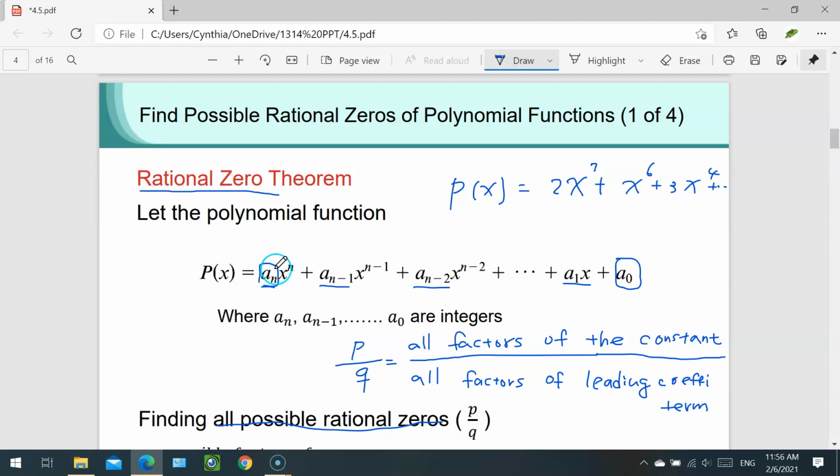The leading coefficient is the number attached to your highest degree power term. The rest of the coefficients we just call coefficients, and the last term is the constant.